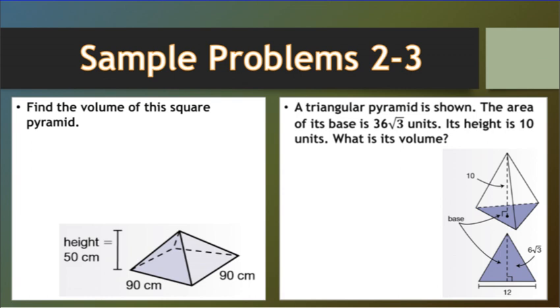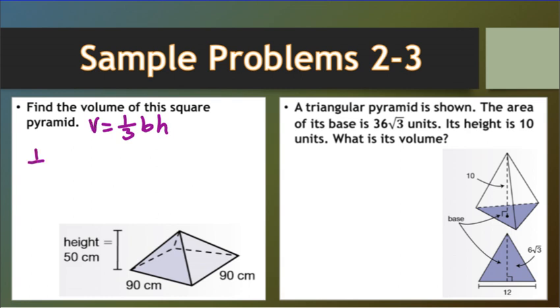Moving on to pyramids. Find the volume of this square pyramid. So we would have the formula V equals 1/3 times B times the height, and the B just means the area of the base. For a pyramid like this, the base is a square.